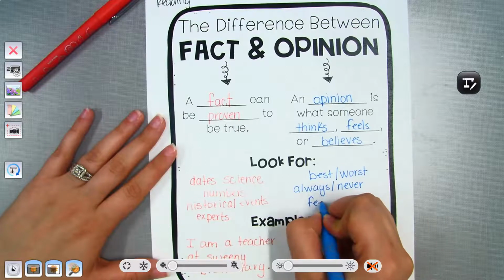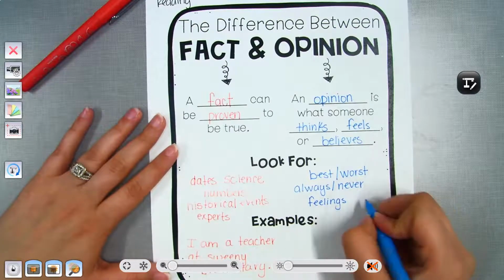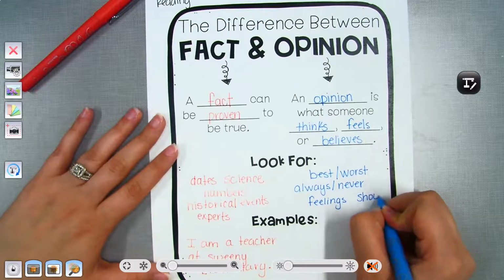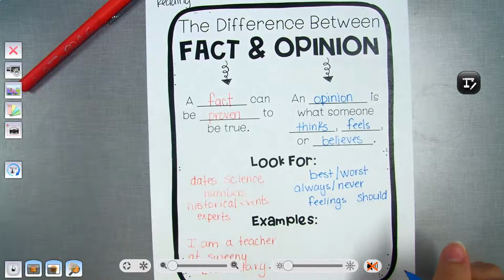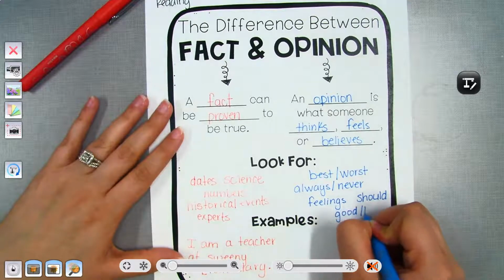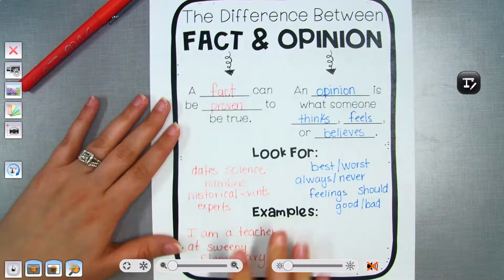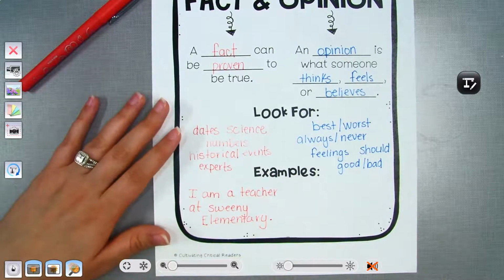They may say, my feelings are. Should. I think you should, or you should eat breakfast every day. That's not a fact. That's just what he thinks. Good or bad. Okay. So let's write an example of what an opinion would look like.